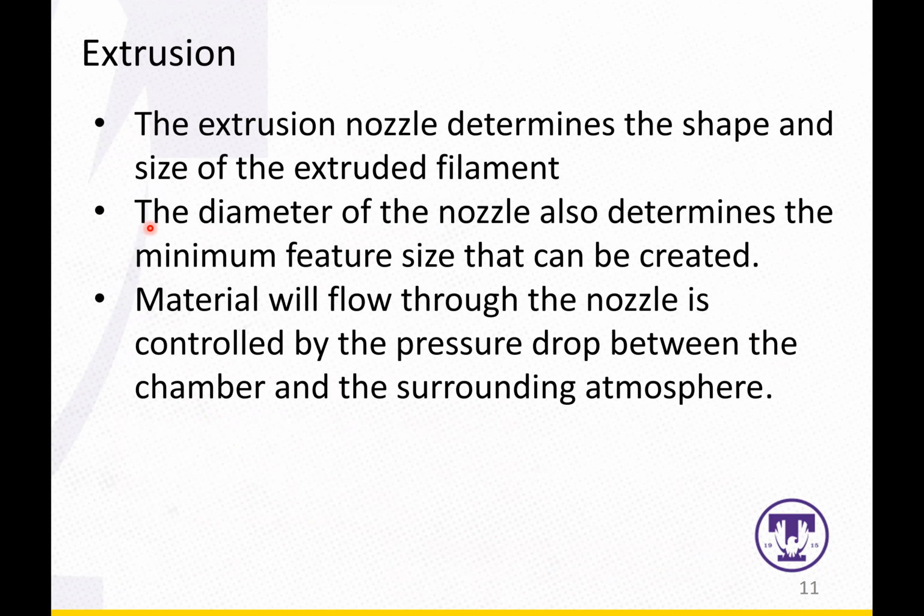The diameter of the nozzle also determines the minimum feature size that can be created. And in later slides, I will show you the whole family of nozzles with all different diameters, right?